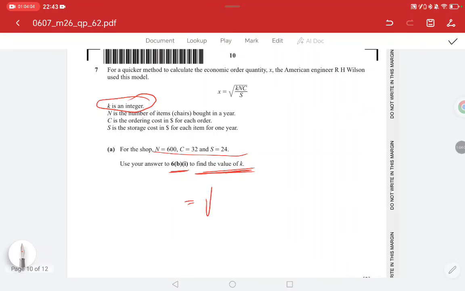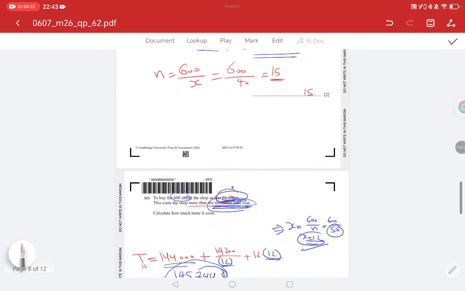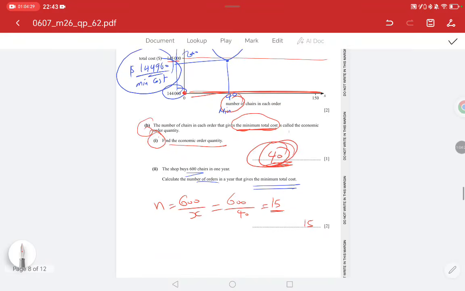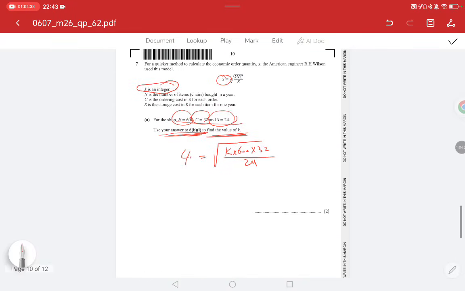Let's see. The square root of k, we need to find k, times n, which is 600, times c, which is 32, divided by s, which is 24. And x? They said use the answer in 6bi. So x is 40.